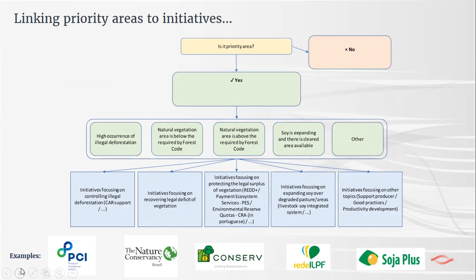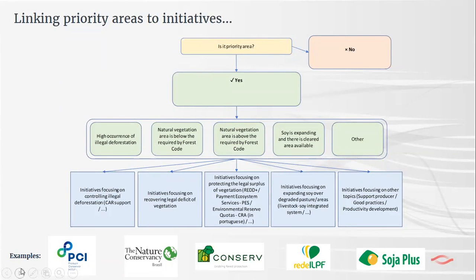From that list of priority municipalities, the next step was to start to identify particular initiatives that could be supported by Soy Buyers Coalition companies. The intention of the Soy Buyers Coalition was to support initiatives that were either new or well established in locations of production.